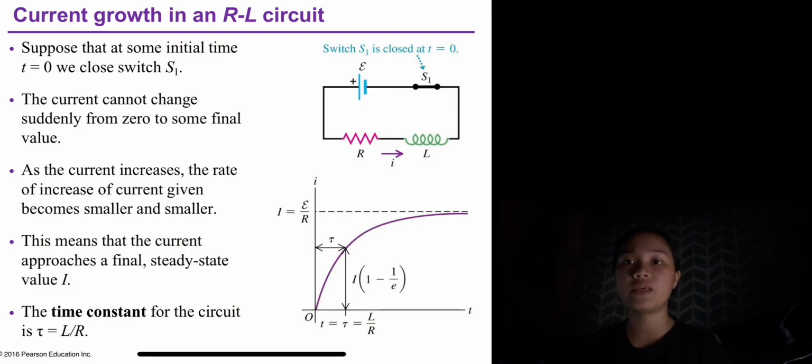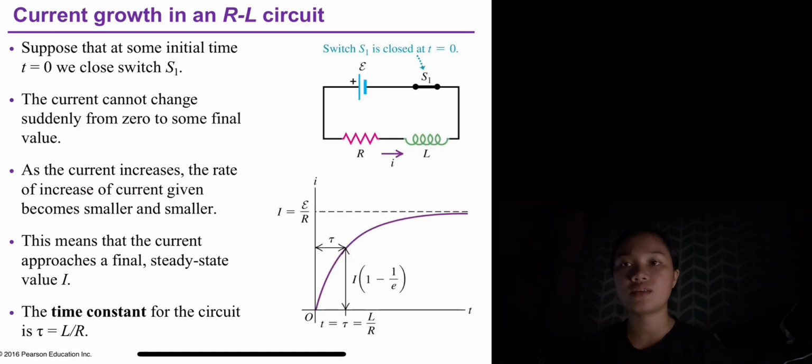And at this point, the circuit behaves like a simple resistor connected to a battery. And the speed of this process is controlled by the time constant.